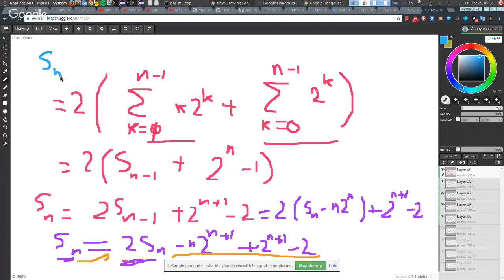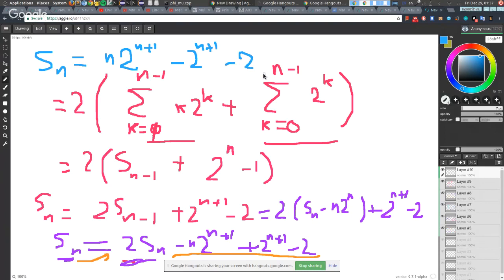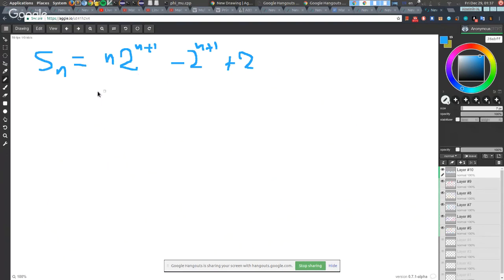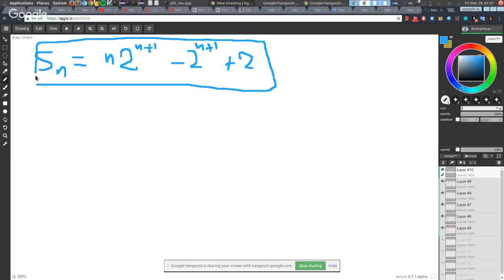So Sn, basically this is a closed formula for the expression that we have. And just simplify it a little and do it that way.